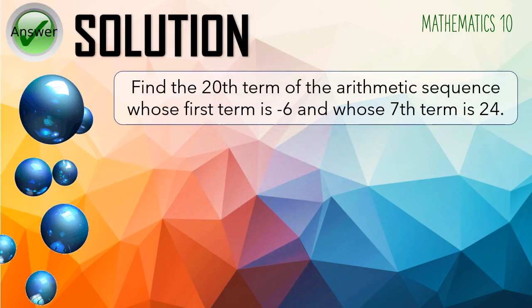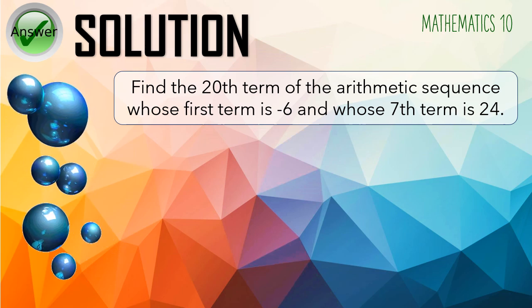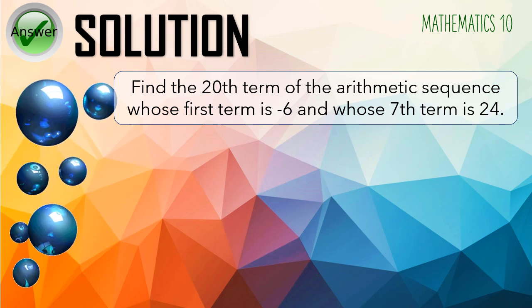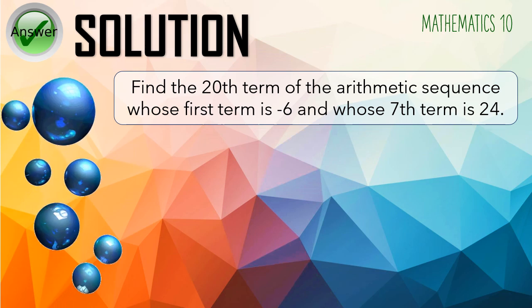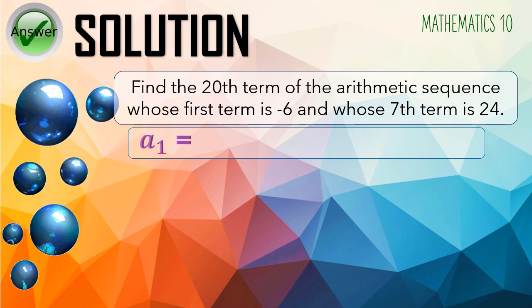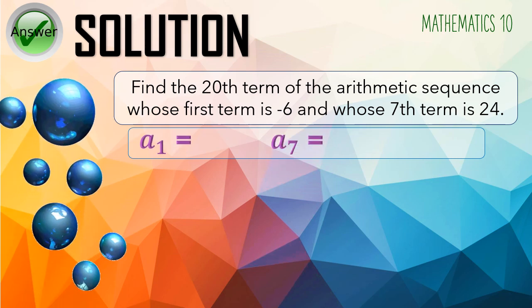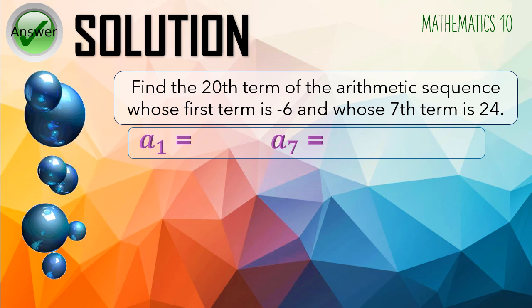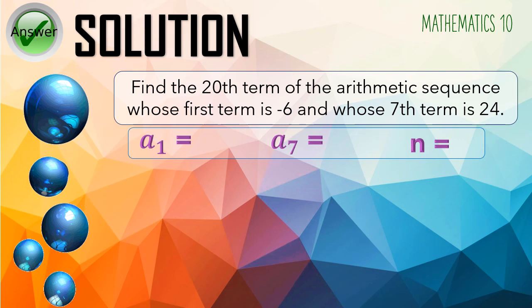Okay, so for now, we need to set aside first our purpose of getting the 20th term. Instead, we need to complete first all the necessary data for the formula. As you can see, here in our problem, we do have a sub 1 as well as a sub 7. Therefore, we can say that we also have the value for n as of now.